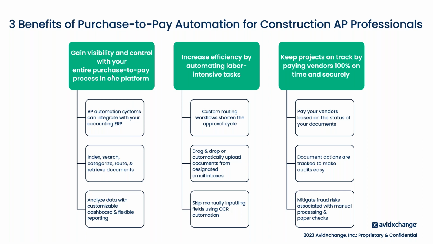So that's one thing. We're going to talk about visibility first. Then we're going to talk about increasing efficiency. So now we're going to get into the whole process of the workflowing, the ability to take an invoice from the time that it arrives at your door, perhaps through an email, to be able to send that invoice off to the approvers and really bypass any of the manual steps.